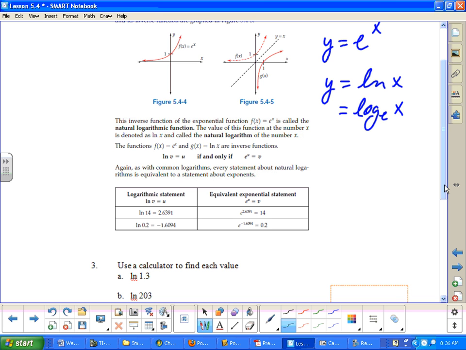Natural log of x over here, g of x. Domain greater than 0, range all real numbers. That's the case for all exponential functions and all logarithmic functions, unless we start doing some shifting around, unless we have horizontal and vertical shifts.